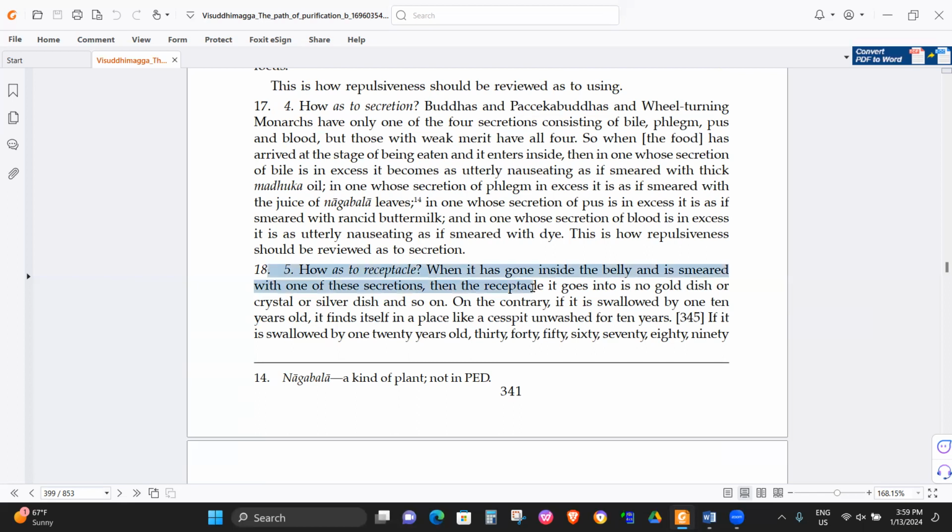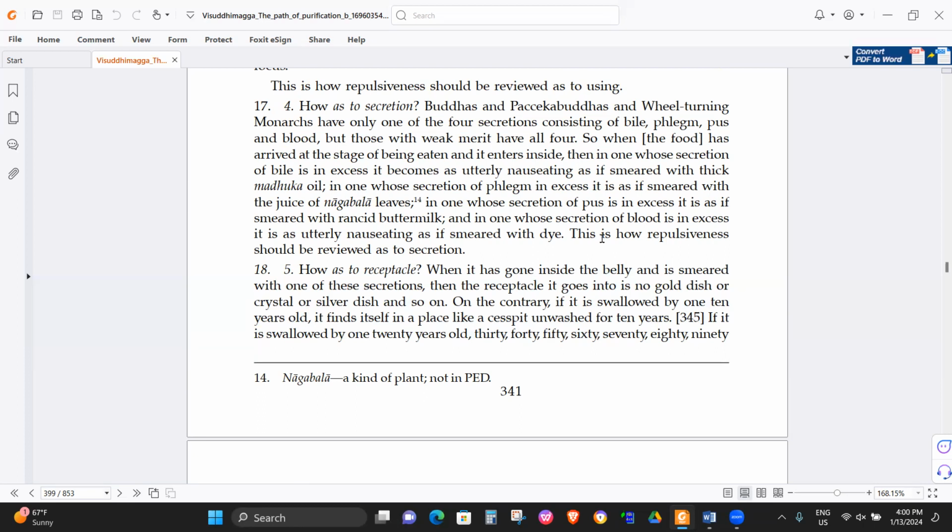Okay. Now, somebody read this 18. Oh, okay, Sumita, you can read. How as to receptacle, when it has gone inside the belly and is smeared with one of these secretions, then the receptacle it goes into is no gold dish or crystal or silver dish and so on.